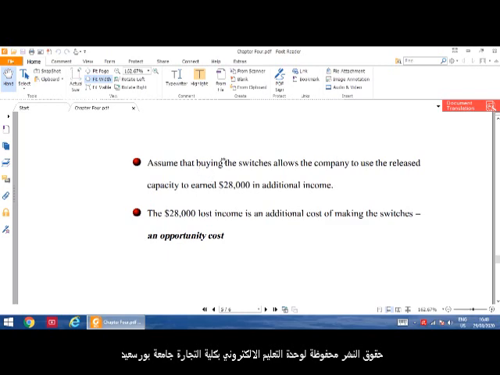Under the second alternative, buying allows the company to use the released capacity to earn $28,000 in additional income. The $28,000 lost income is an additional cost of making the switches, an opportunity cost.